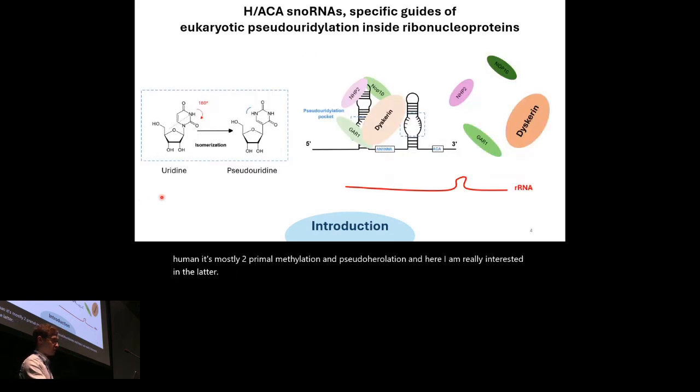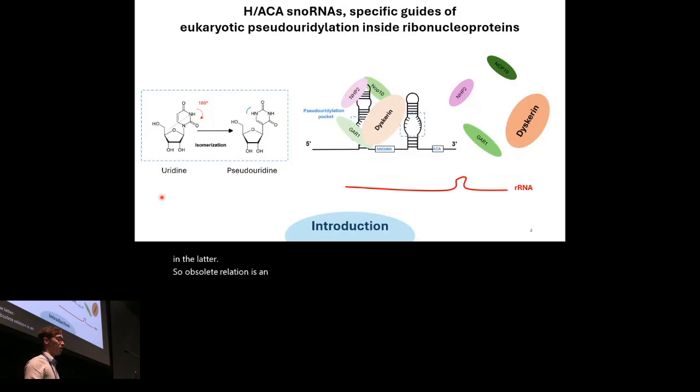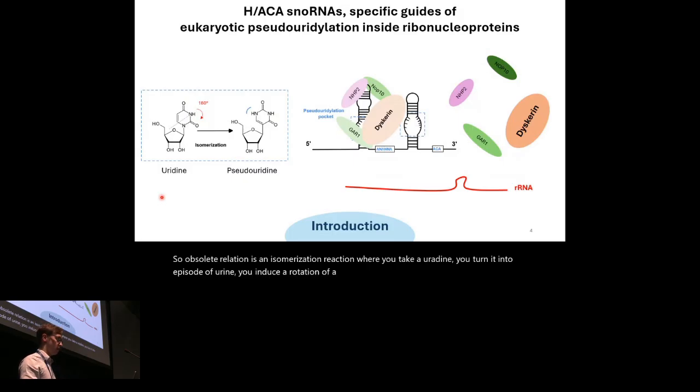So pseudouridylation is an isomerization reaction where you take a uridine and turn it into a pseudouridine, inducing a rotation of a nitrogen, creating the opportunity for a new hydrogen bond.